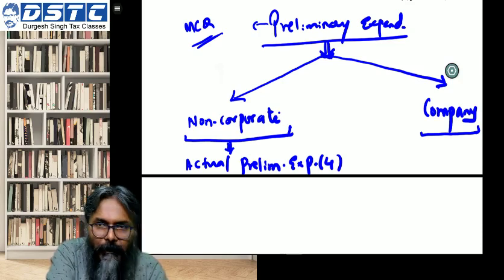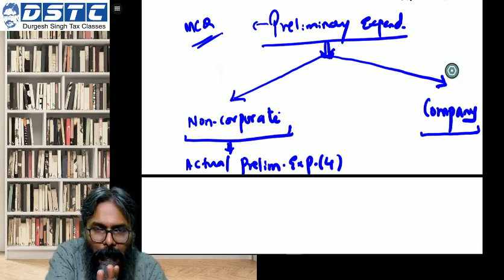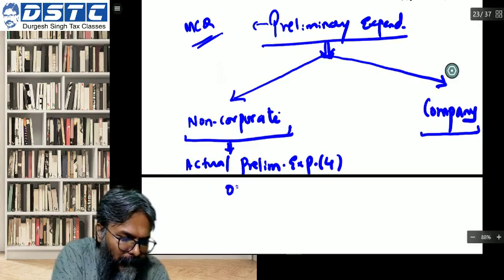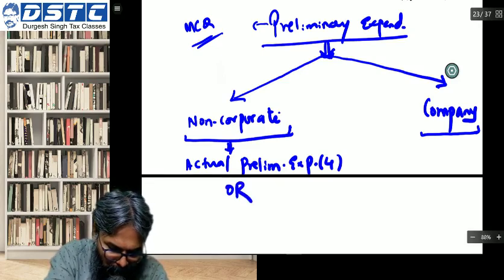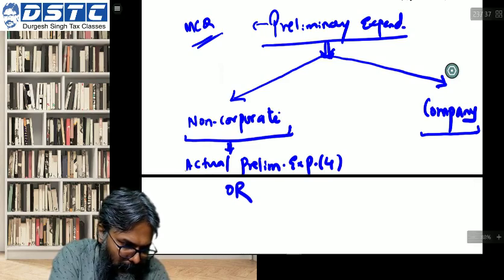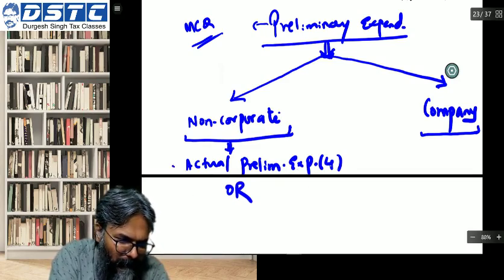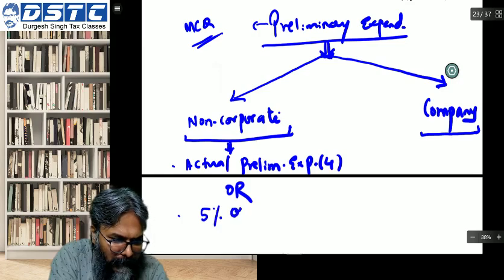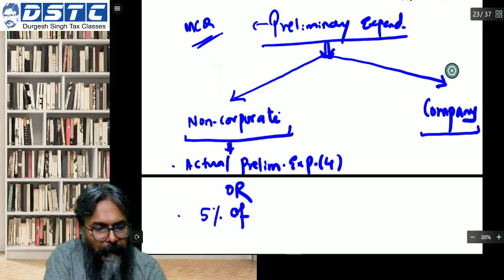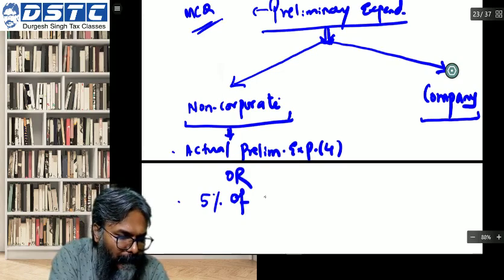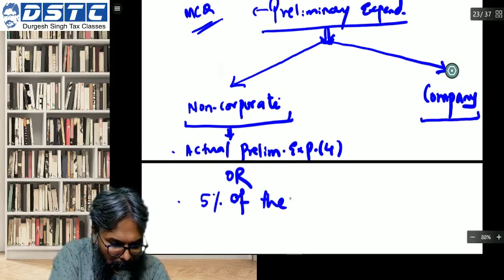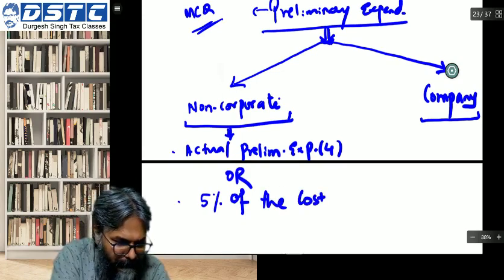You'll say, sir, from where did you get 4? Don't worry, just give me 2 minutes, I'll let you know. So actual preliminary expenses (4), or 5% of the cost of project.